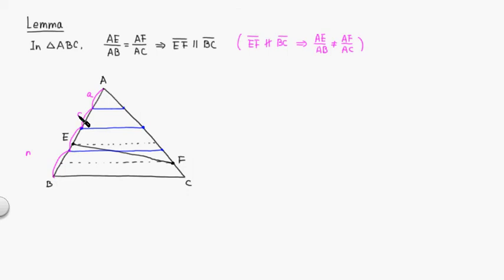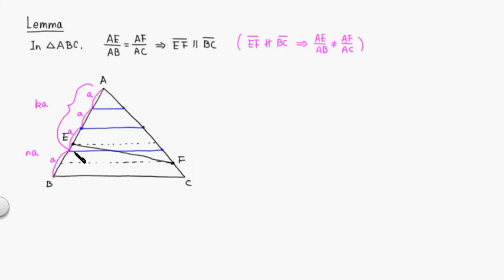So I'm going to call this length A here, A here, A there, right? So the total length would be n times A. Then here is the particular midpoint connector that passes through EF. We don't know how many segments, but let's say KA, where K is some integer and N is some integer.